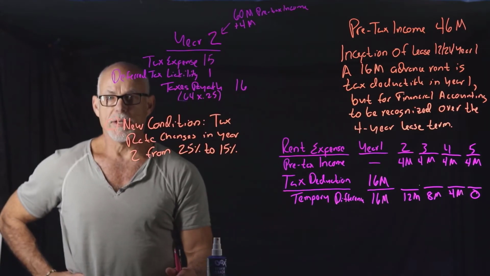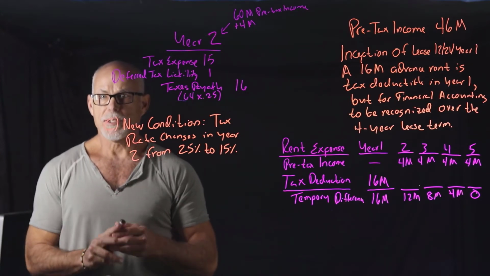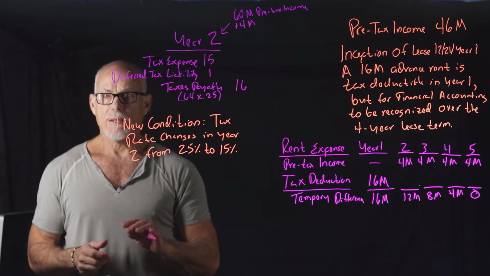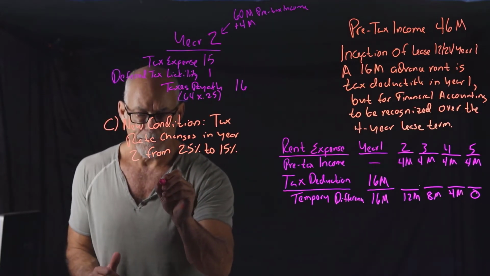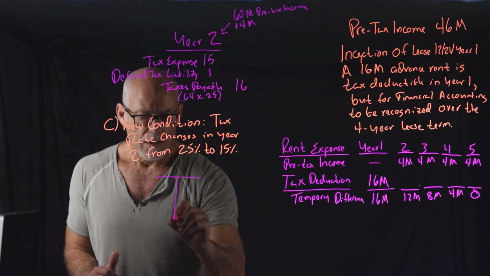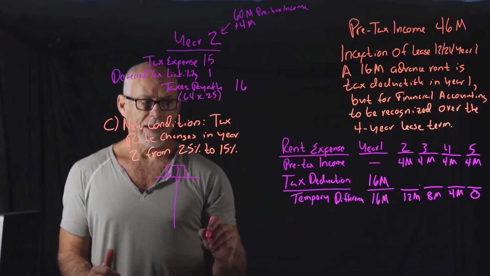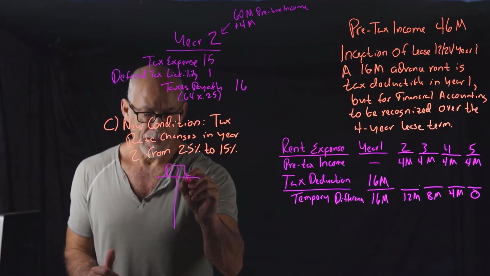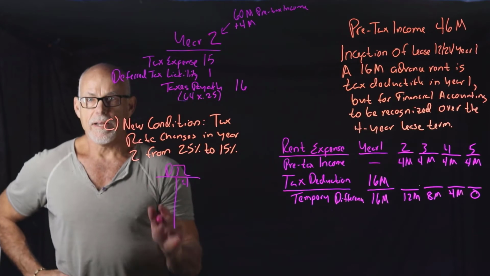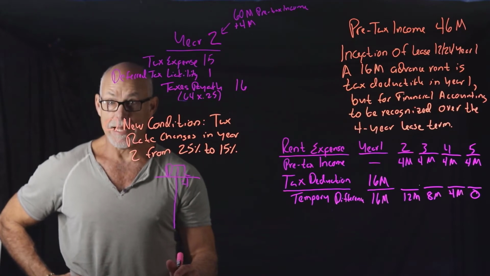We're going to add this condition now, which is that the tax rate changes from 25% to 15%. And how's this going to affect things? Well, deferred tax liability. So let's go ahead and do that. So this DTL, it starts out at, if you recall, 4. Because at the end of year 1, I adjusted by 4, which was the 16 million difference times 0.25, which was the tax rate at that time.